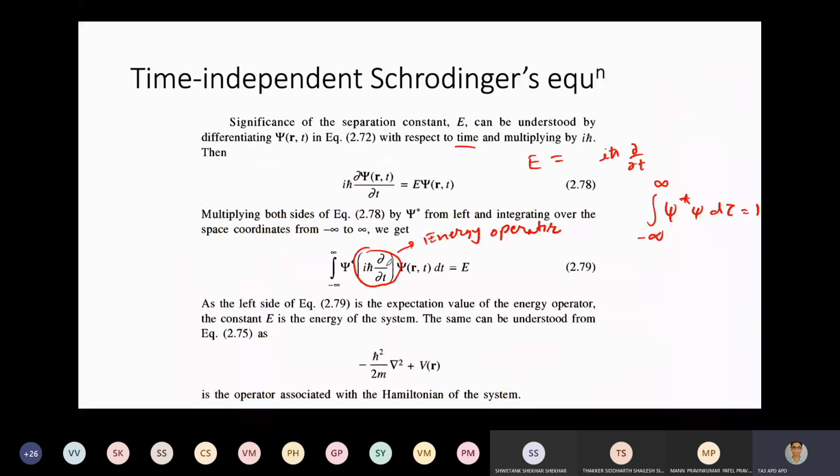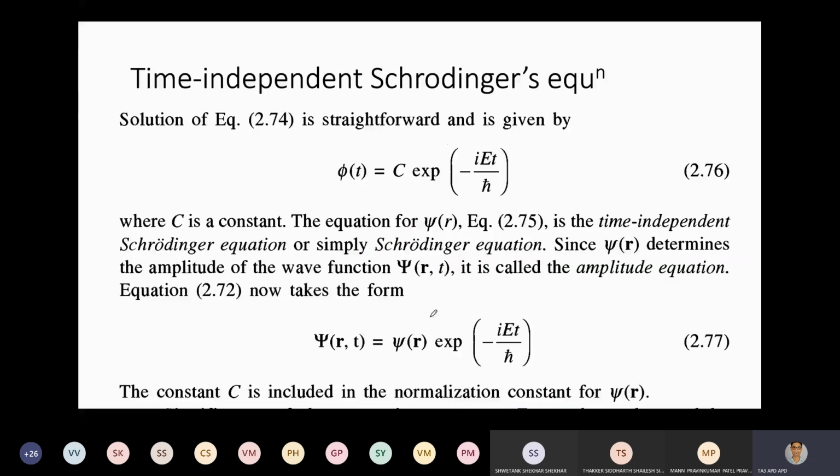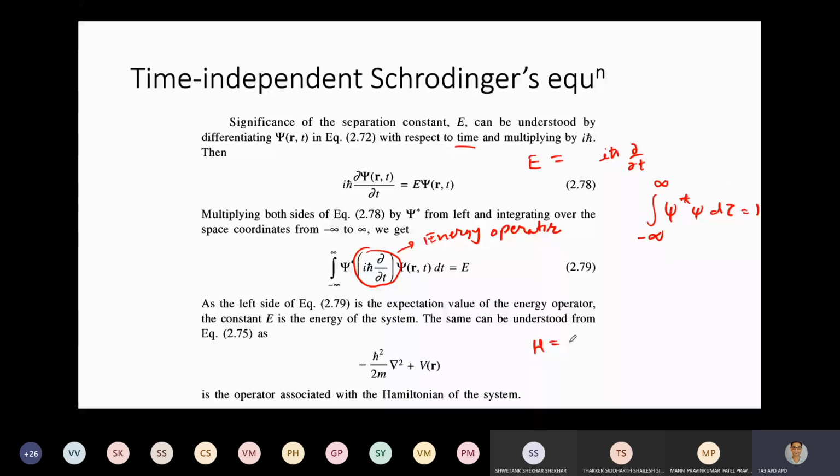Okay, and you can also understand the same thing by simply understanding the fact that this is nothing but the Hamiltonian. So what is the Hamiltonian? As we discussed just now, you will also read in classical mechanics that it is nothing but the operator T plus V, that is your kinetic energy plus potential energy. And whenever you operate this Hamiltonian operator on any function, it has to give you the energy of the system.